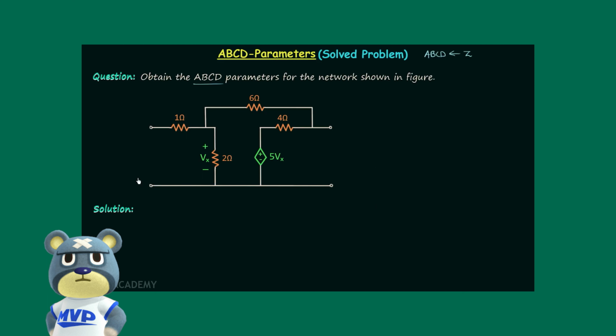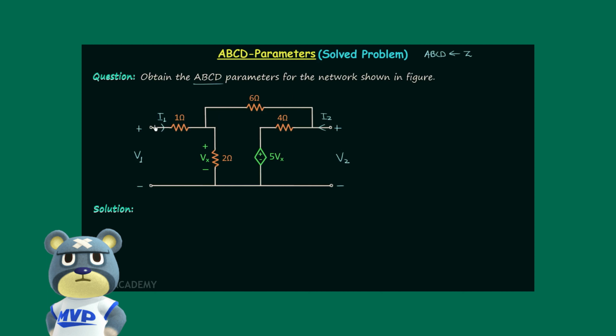This is port number 1, the input port, and the voltage between the two terminals will be V1, and current I1 will enter the two-port network. This is port number 2, the output port, and the potential difference between these two terminals is equal to V2. According to the convention, current I2 will enter the two-port network.